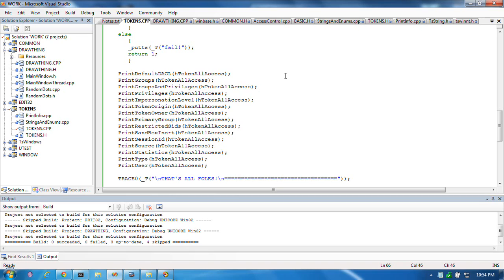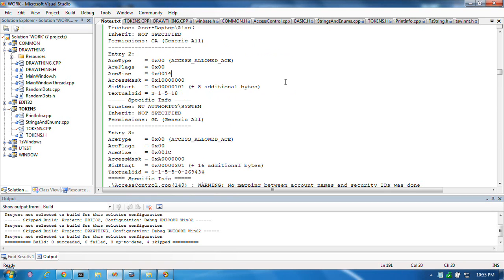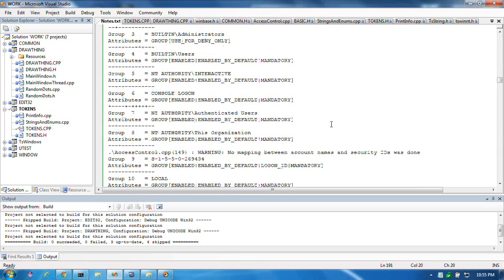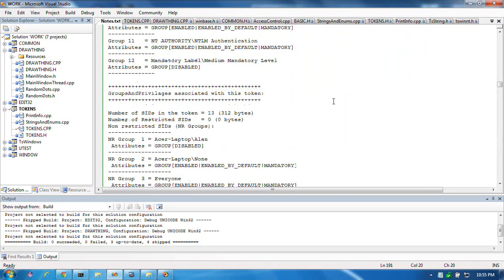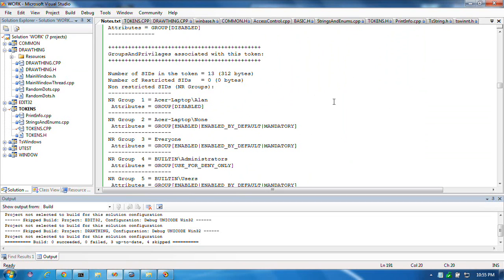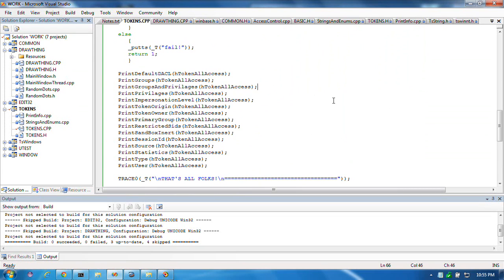Groups have attributes, okay, and the attributes correspond with privileges, and you can print them out. So we can skip past this one and go to this. Now there's two.